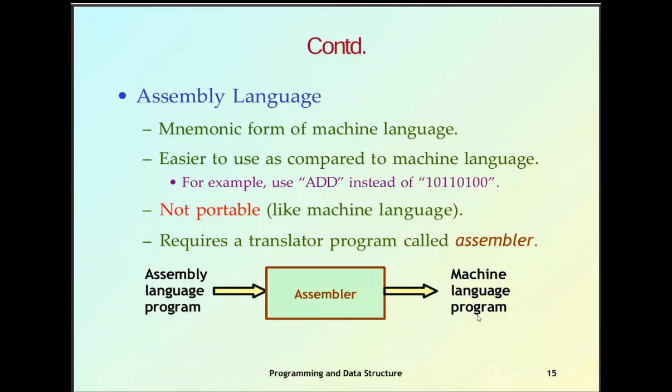And if you write a program in assembly language, obviously it will not be understandable by our machine or PC. So for that purpose, we need an assembler. An assembler is nothing but a translator program that converts your assembly language into the corresponding machine language program.